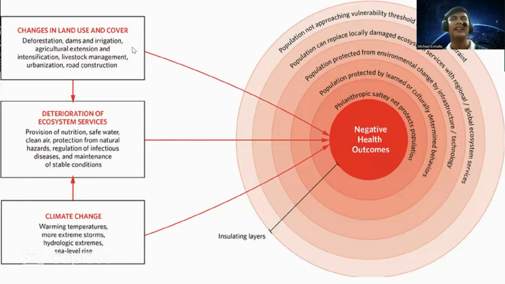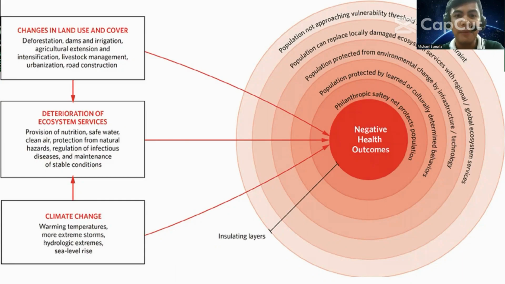These are the different changes and alterations we make to our environment that lead to negative health outcomes: deforestation, dams, irrigation, agricultural extension, intensification, livestock management, urbanization, and road construction. Of course, it would lead to a negative health outcome. Another one is the deterioration of ecosystem services.